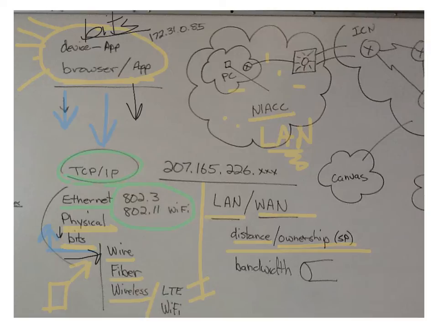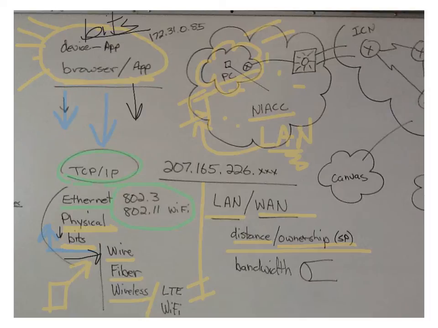Okay? Inside NIACC, we actually have another LAN, the IT area. So that's like a LAN in a LAN. It's managed by a couple of the instructors, and so it's all geographically in one particular area.